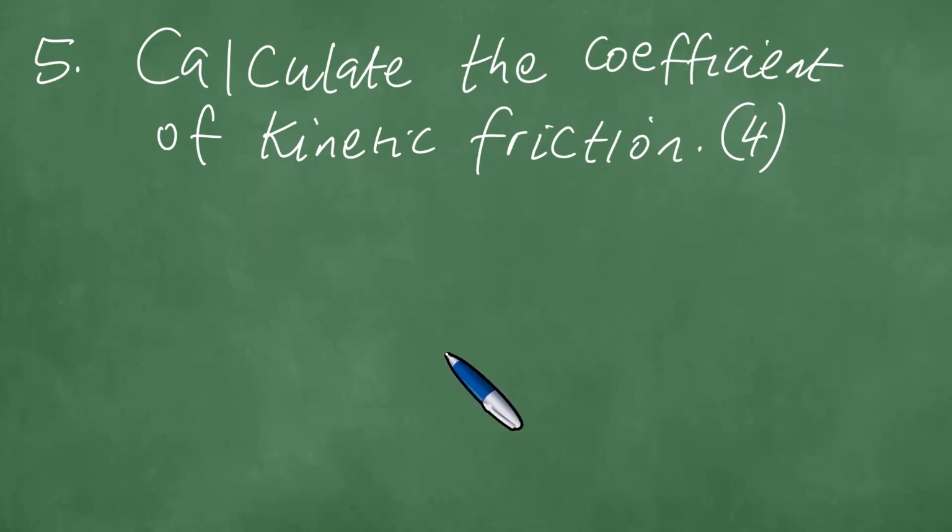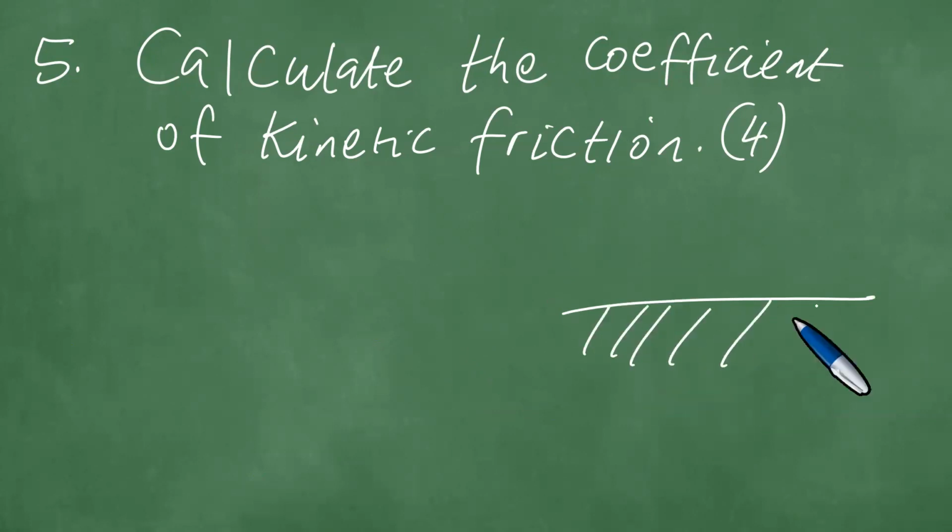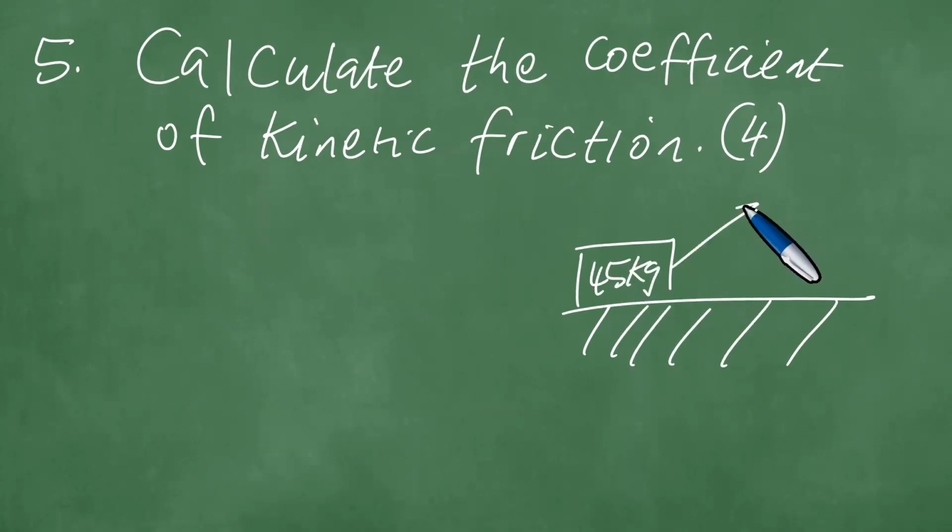Right, okay, let's think about this. You remember the horizontal, the ground, 45 kilograms, 90 newtons. Okay, now we want to find the coefficient of kinetic friction.